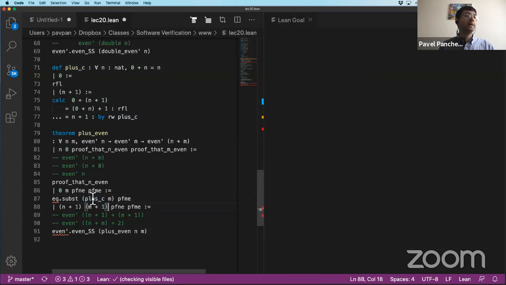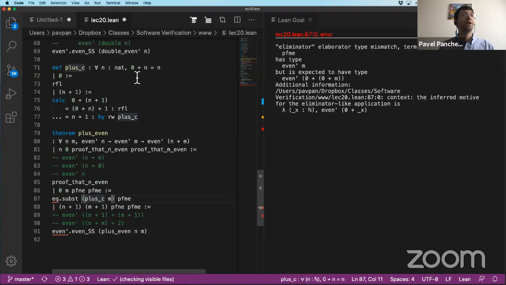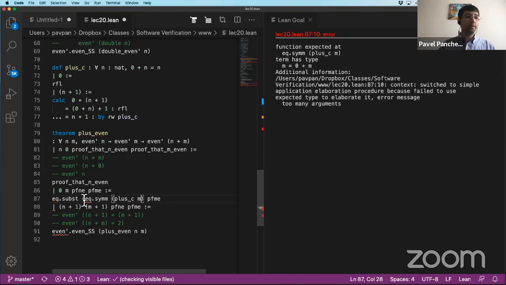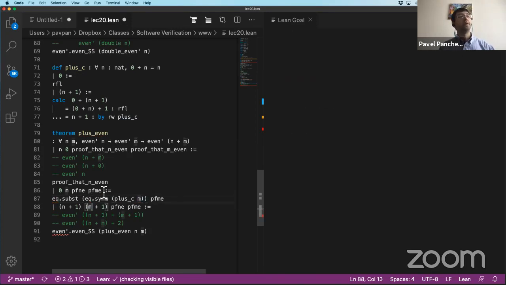It looks like plus_comm is working in the opposite direction. It's expecting a proof that m plus 0 is even, so I actually need to do this in reverse. I can use Eq.symm just to flip this equality around.